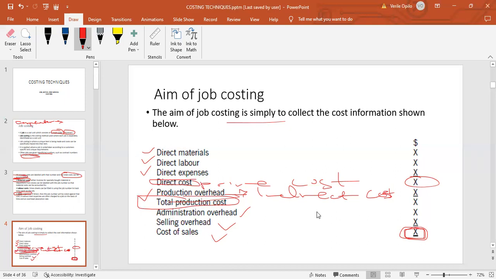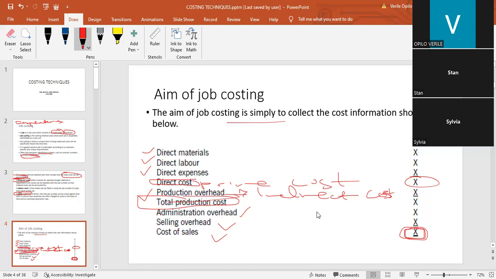That is why a company usually utilizes a costing technique. And costing techniques are going to be dependent on what kind of organization you have.